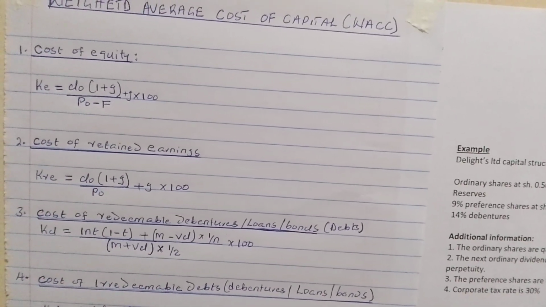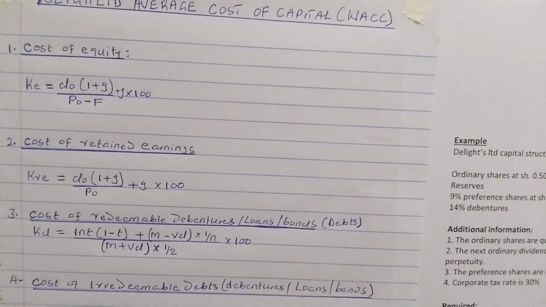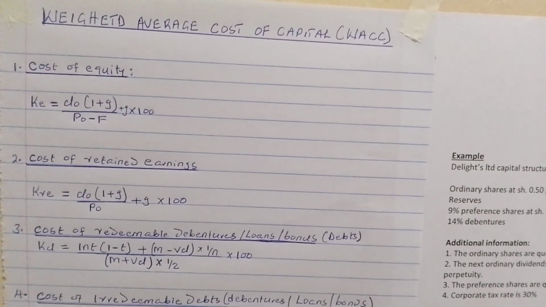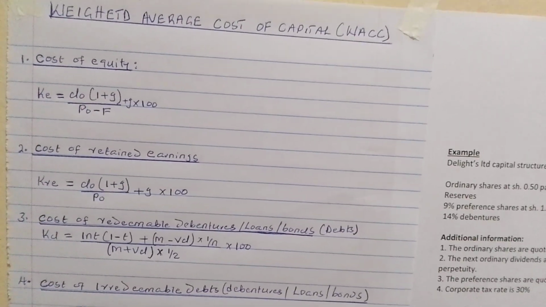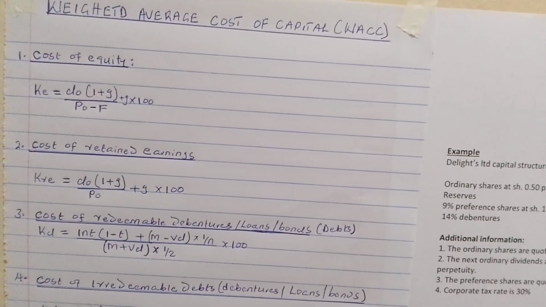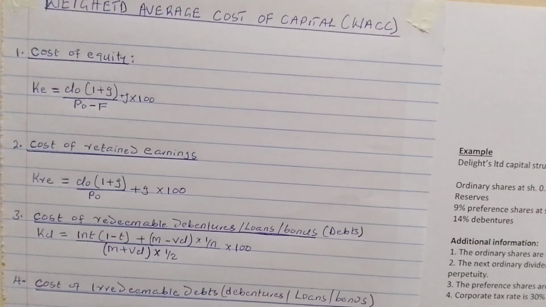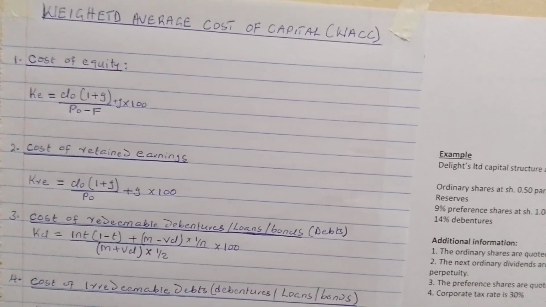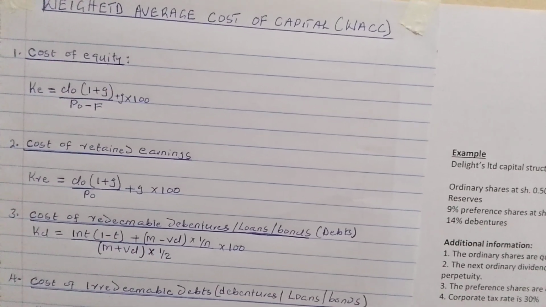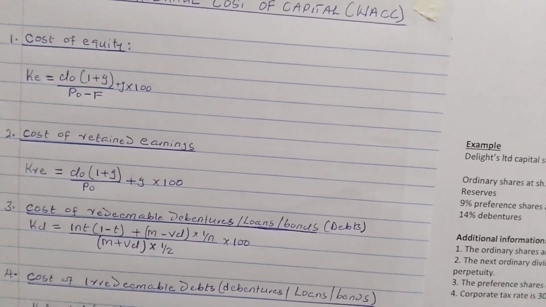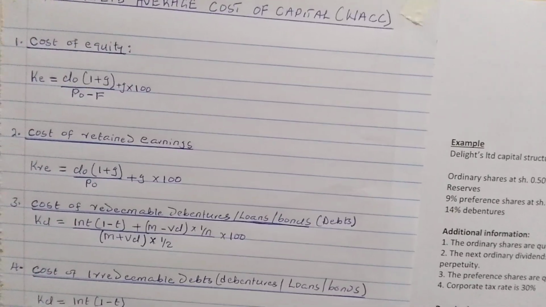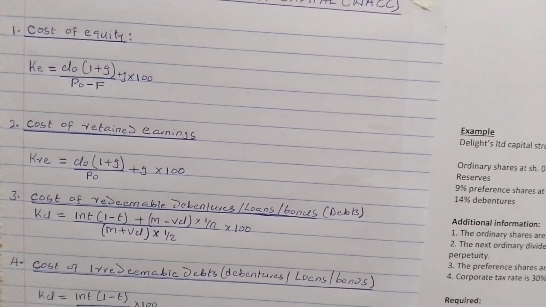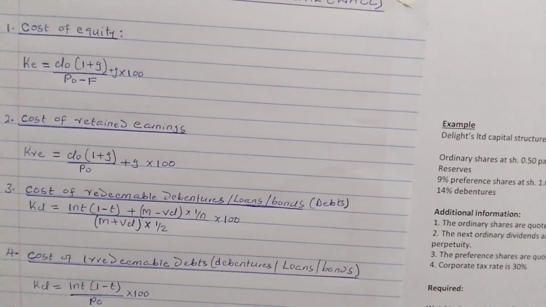One important thing is knowing how to calculate the cost of these capital elements. Since to calculate the weighted average cost of capital, we'll be taking cost of equity times weight of equity, it implies that you must have calculated correctly the cost of equity. Then the cost of preference shares, and the cost of debt, the same.